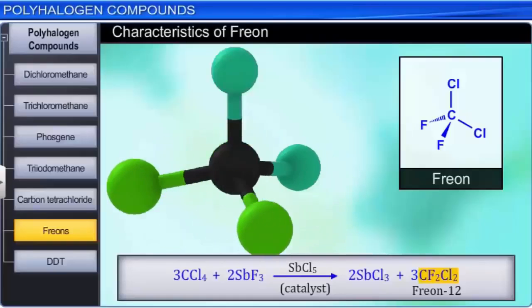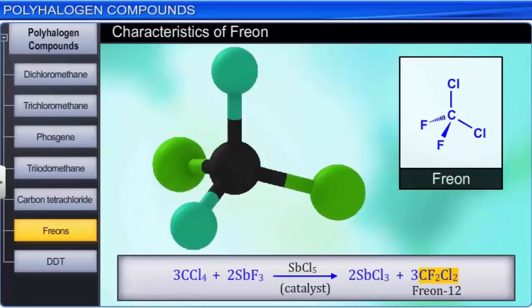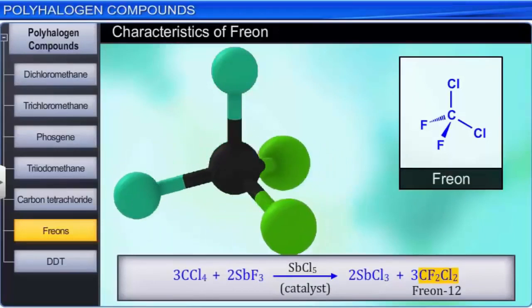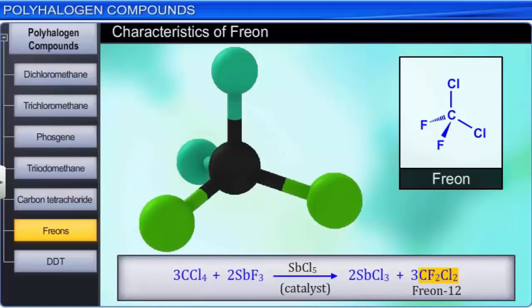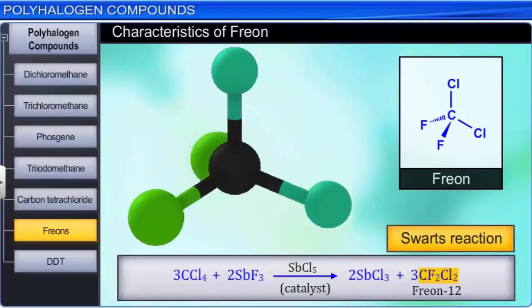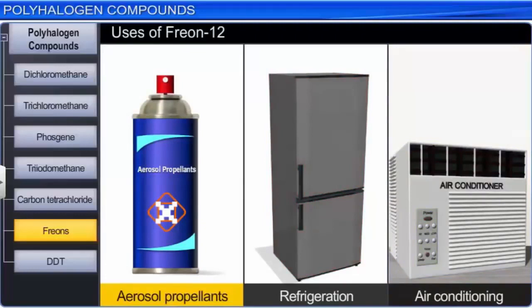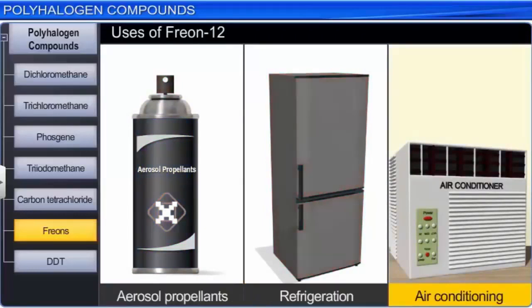Freon 12, illustrated here, was one of the most commonly used freons in the industry. It is manufactured from carbon tetrachloride by the Wurtz reaction. Former uses of Freon 12 included aerosol propellants, refrigeration, and air conditioning.